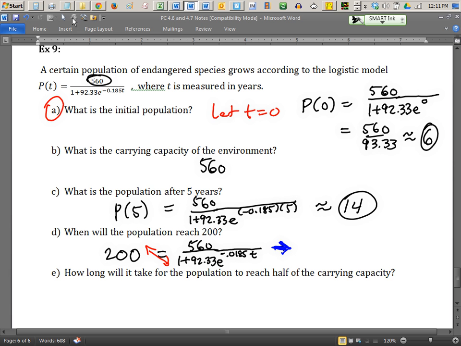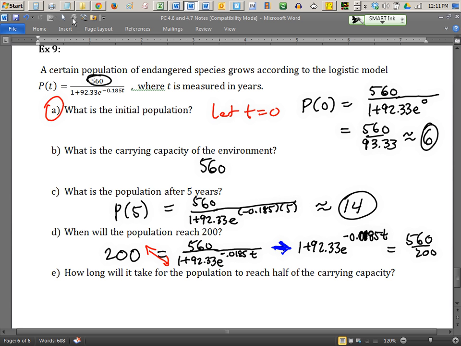So this just leads us to 1 plus 92.33 e to the negative 0.0185 t equals 560 over 200. And the rest is pretty easy. You're going to divide 560 by 200. You're going to take away 1. Right?